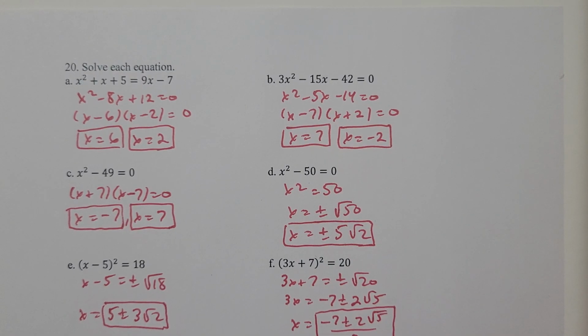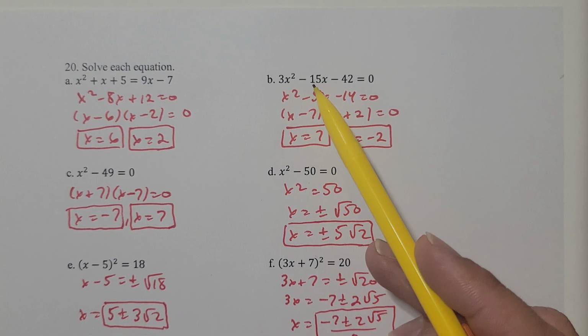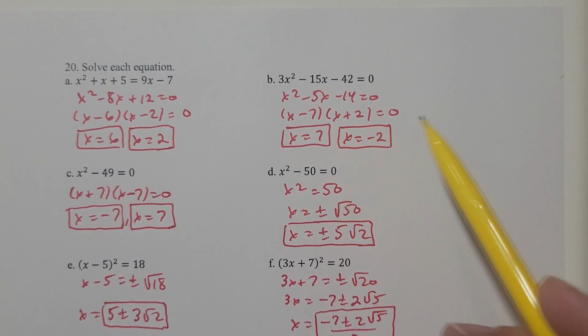And by the way, look for those times where you can make the numbers easier than what they are. Because a lot of people try to factor this guy right at the beginning, and if you're doing that, you've made the problem more difficult than what it needs to be. So look for those times where you can divide both sides by a number and make the numbers easier than what they are.